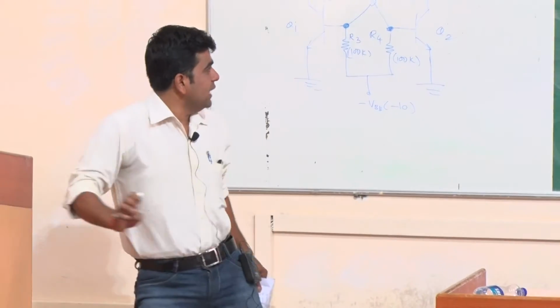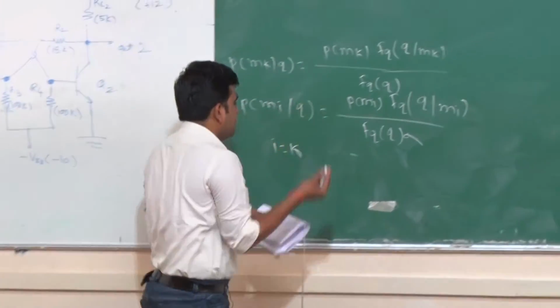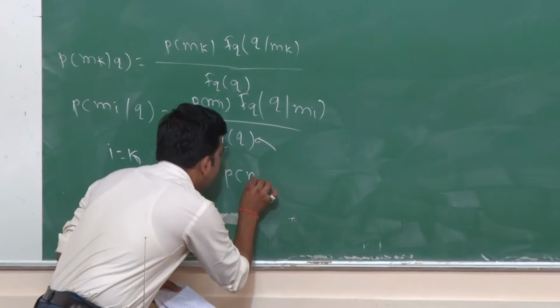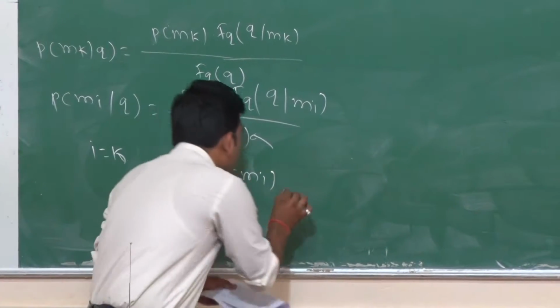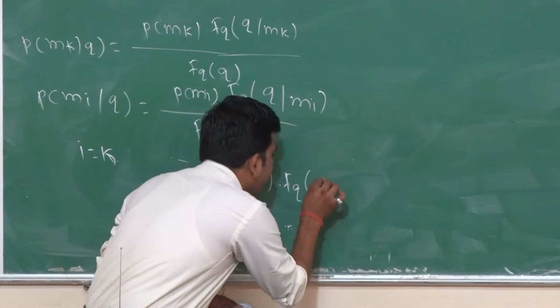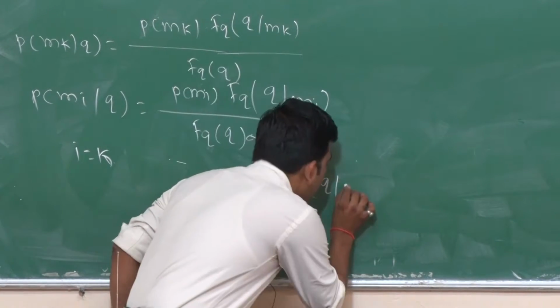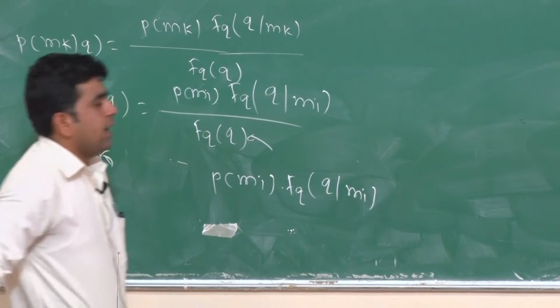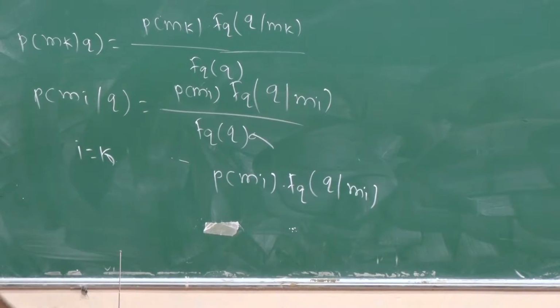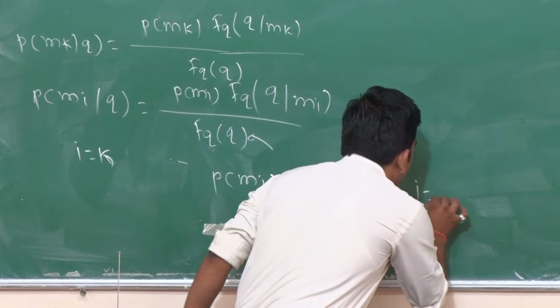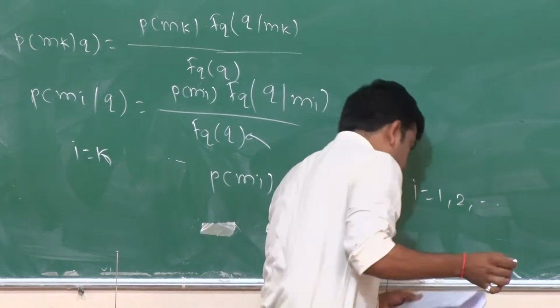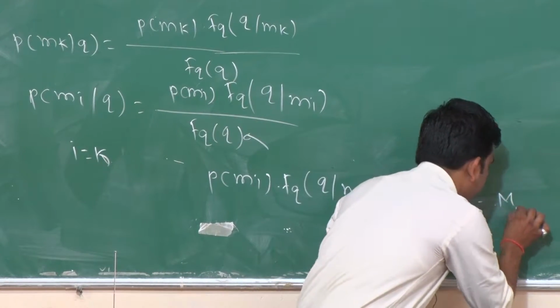So finally we get the probability of mi multiplied by the conditional probability density function q given mi, where i ranges from 1 up to capital M.